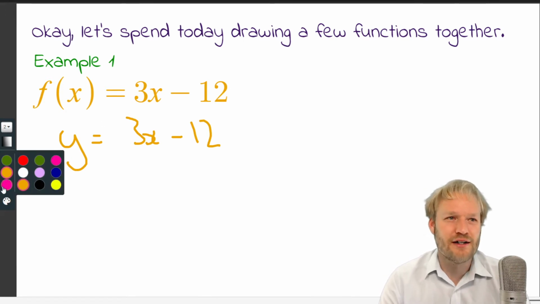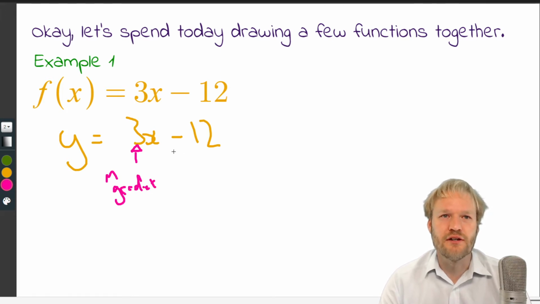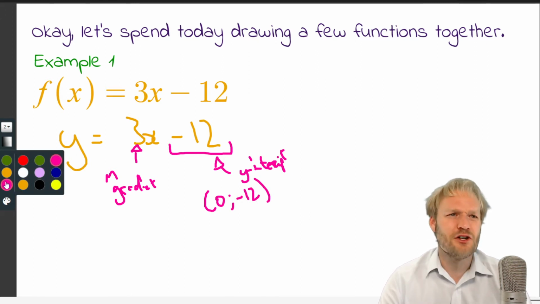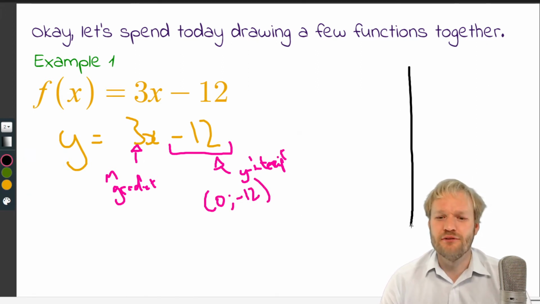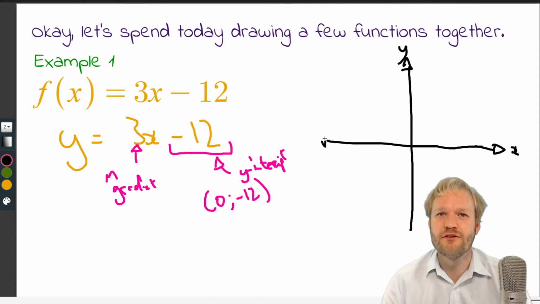That's how we started these. These were straight lines. If you remember, this bit here was m, the gradient, and this negative 12 helped us get the y-intercept, 0, minus 12. So let's have x and y over here. We need to draw this graph.